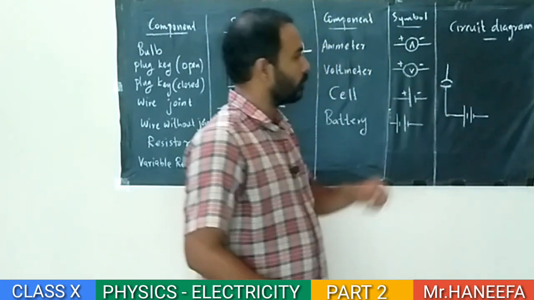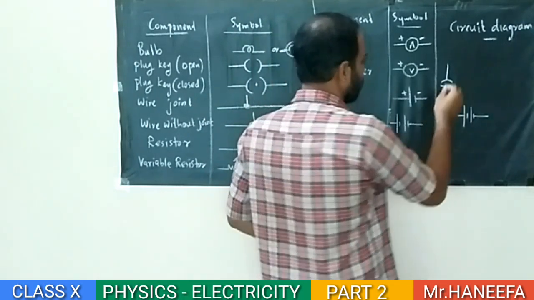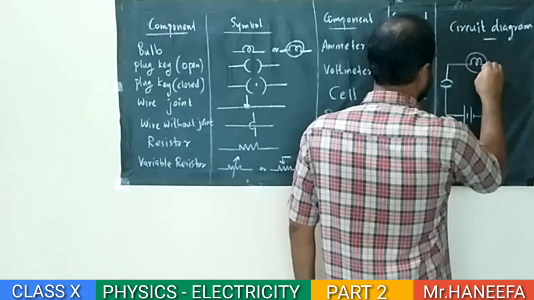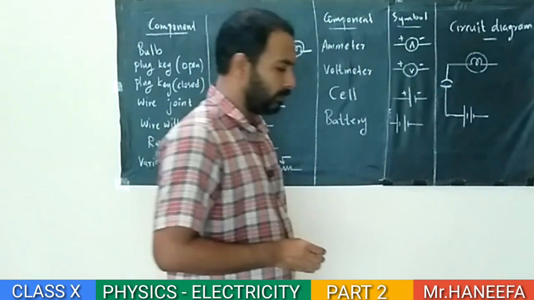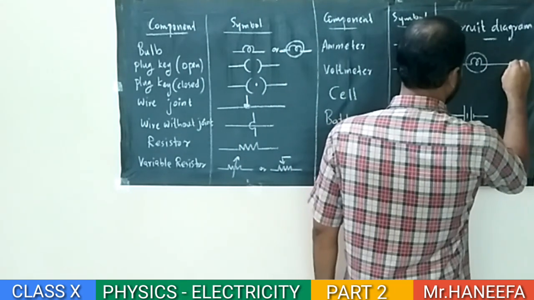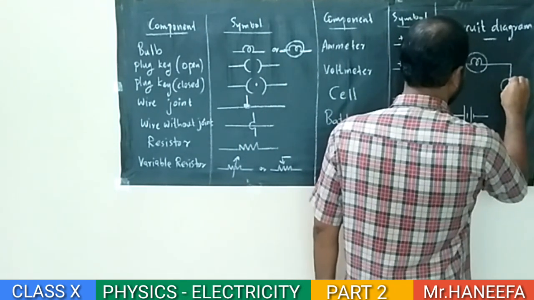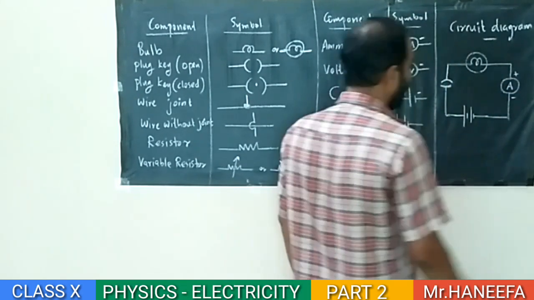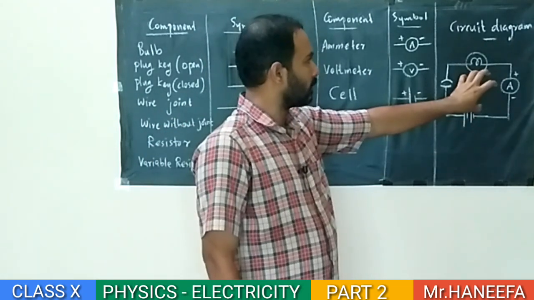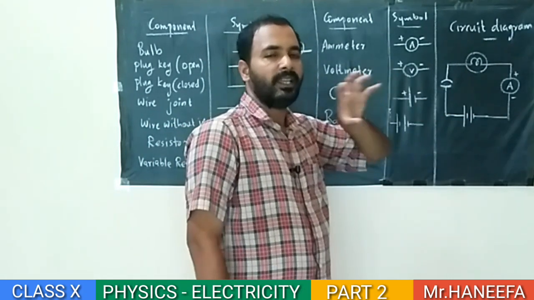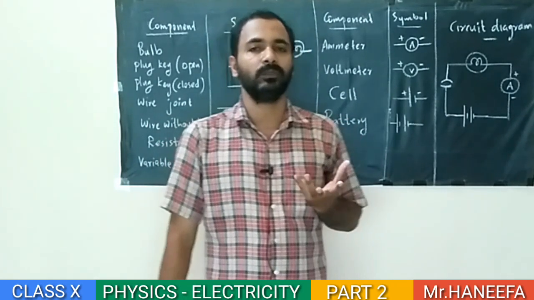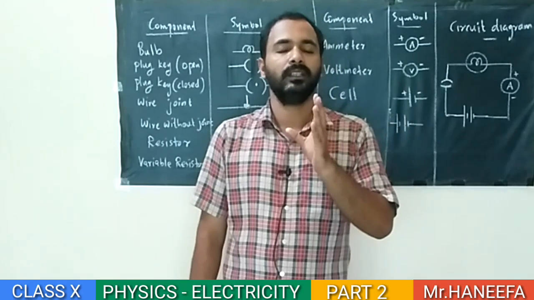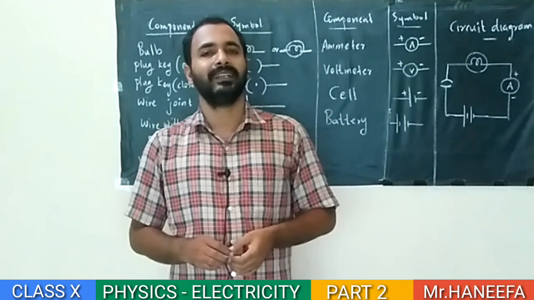Here is switch. Electric bulb. Ammeter. Okay, this is called a circuit diagram. What is an electric circuit? It is a closed and continuous path of electric current.